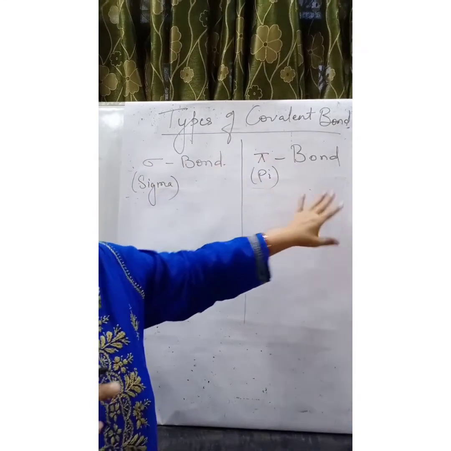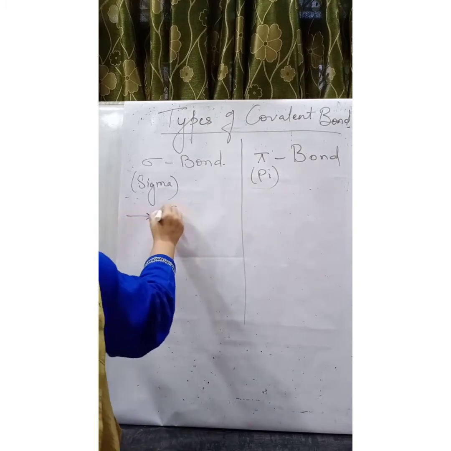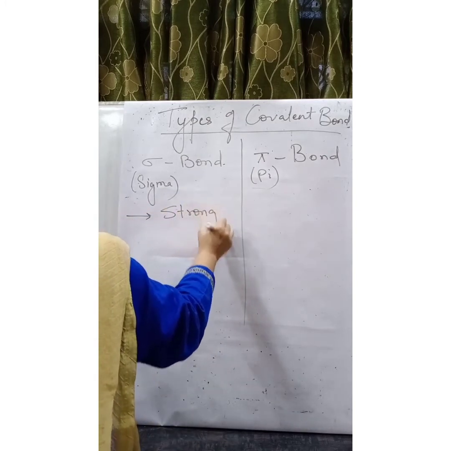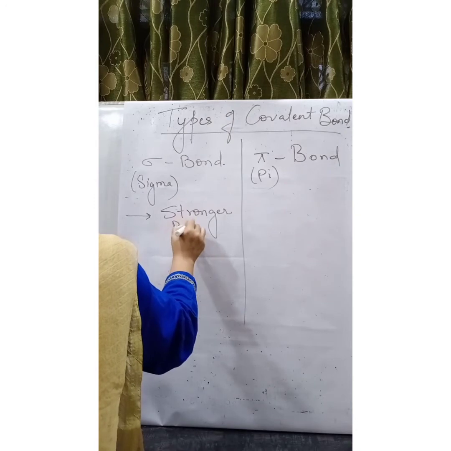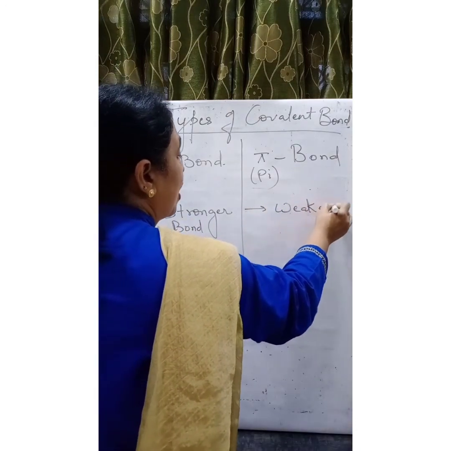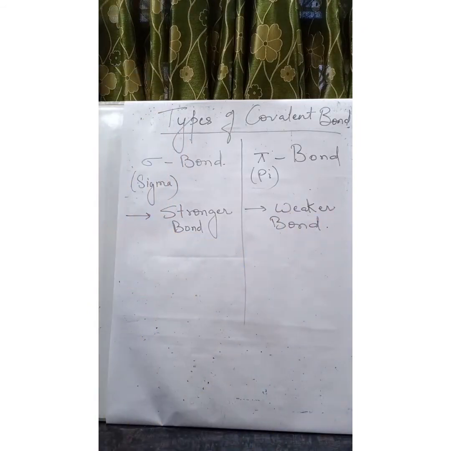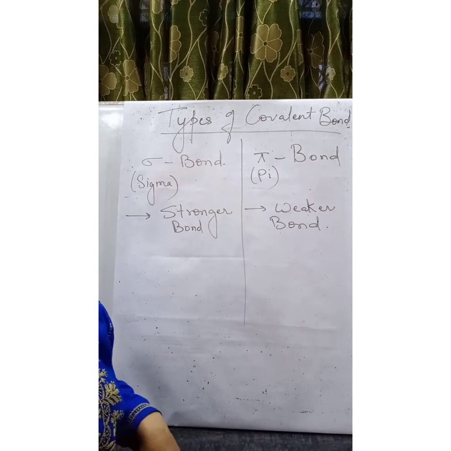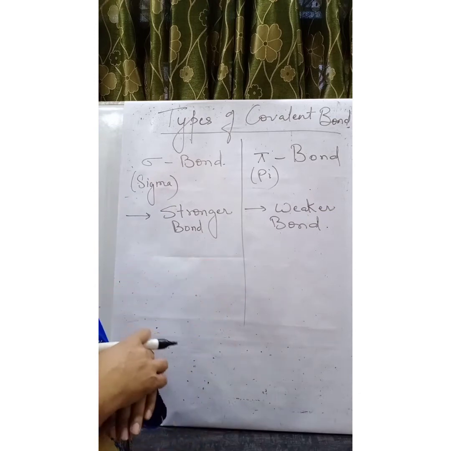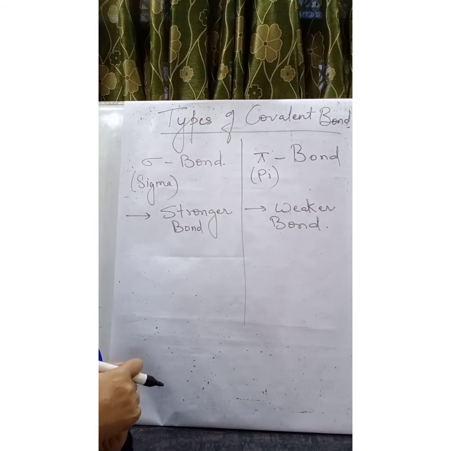Now, what is the difference between these two bonds? Sigma bond is a stronger bond. Pi bond is a weaker bond. Now, how are they formed? Sigma bond is formed by overlap along the internuclear axis, which is also known as axial overlap.